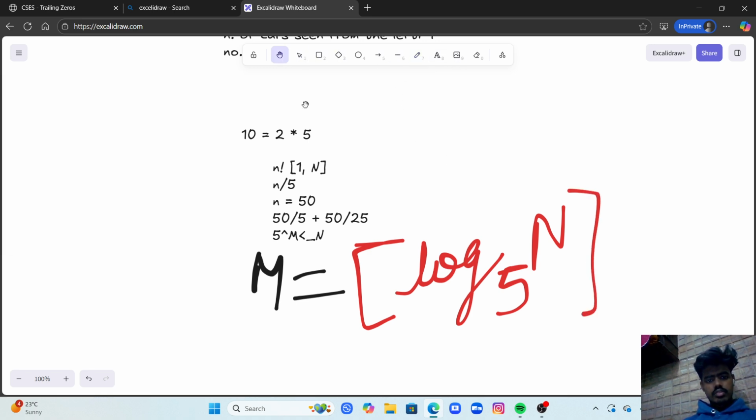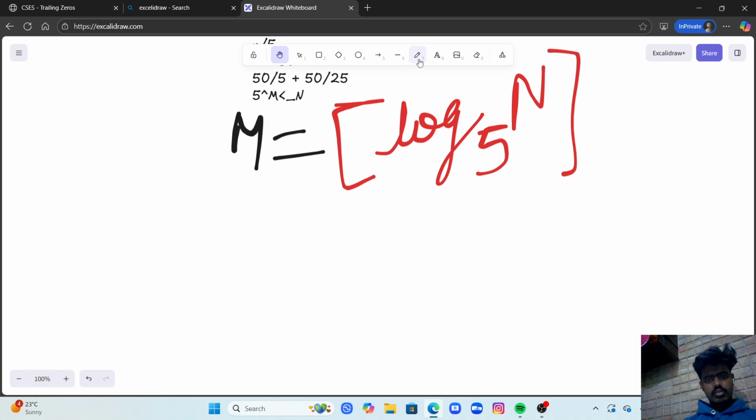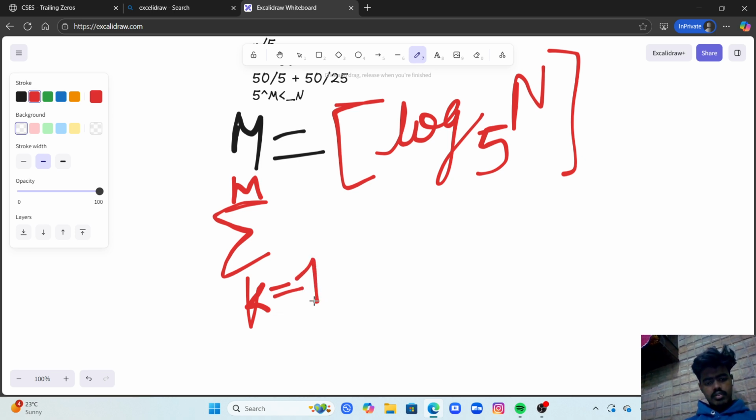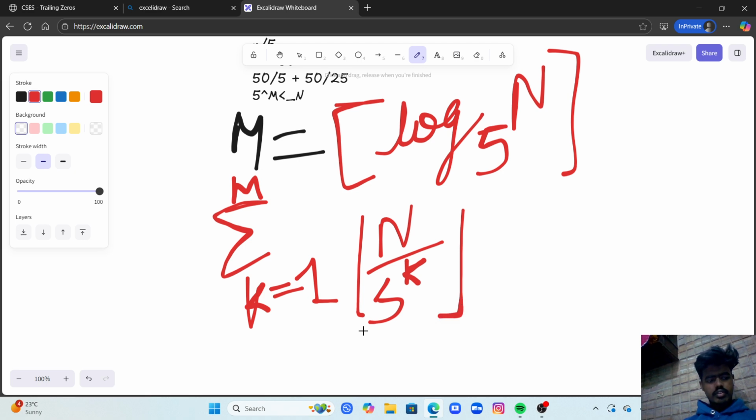So the answer is the sum over k from 1 to m of floor(n divided by 5^k), right?